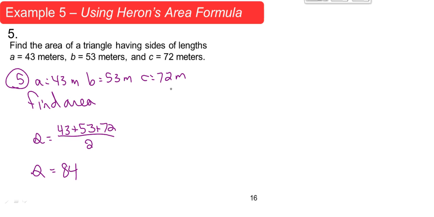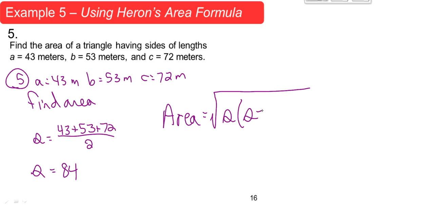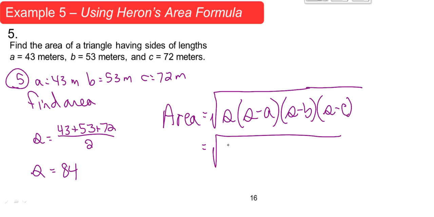And then the area is equal to the big square root of S. And notice I use a cursive S because the only thing I don't like is writing S as a variable. The square root of S times S minus A times S minus B times S minus C. And so then that is the big square root of 84 times 84 minus 43 times 84 minus 53 times 84 minus 72.